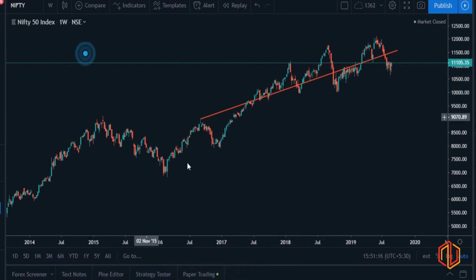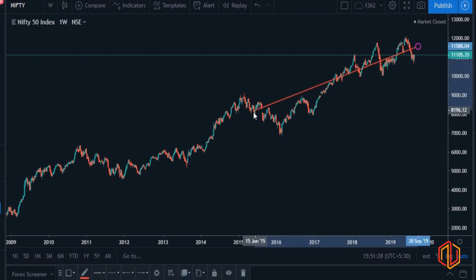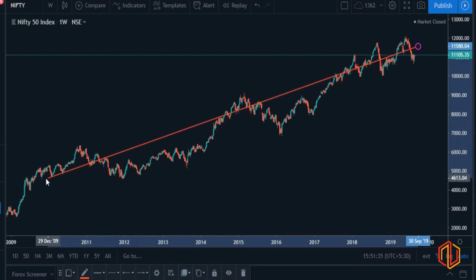If you just look at this from a third person point of view, by zooming out, things become much clearer. In fact, the more number of touches, the stronger the trend line. And if I extend it, I can see for how long this trend line has been valid.